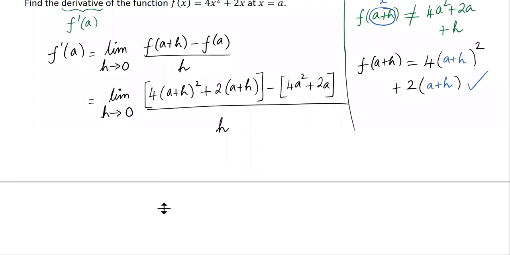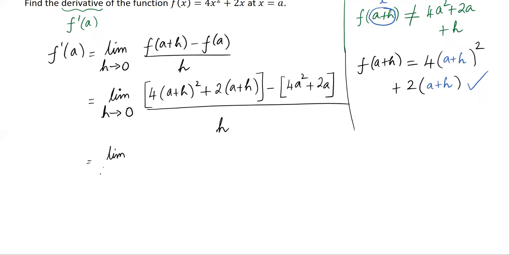Now we are ready to expand this because it's just algebra at this point. So FOIL it twice, or you can use the a plus b the whole squared formula. So then this is what I get, 4a squared plus 8ah plus 4h squared.